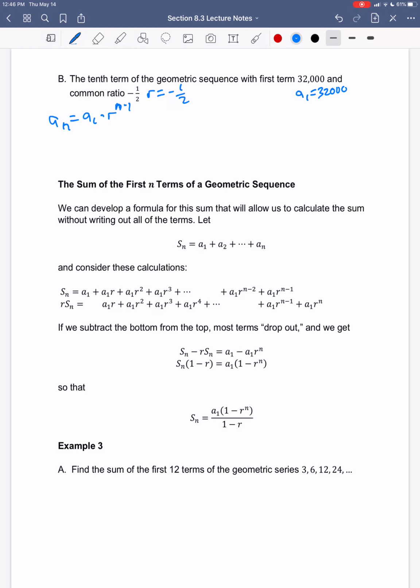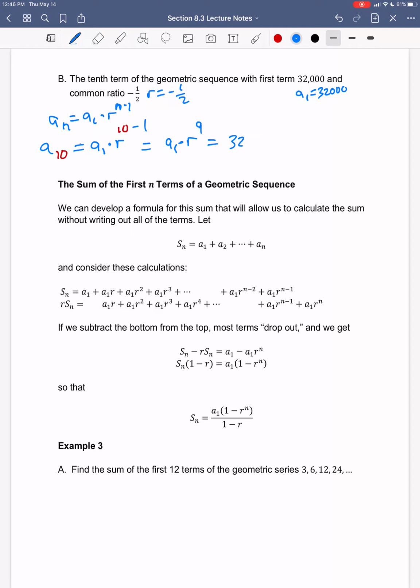So if I want the 10th term, I'm going to plug 10 in for n. So that's going to be a sub 1 times r to the 9th.